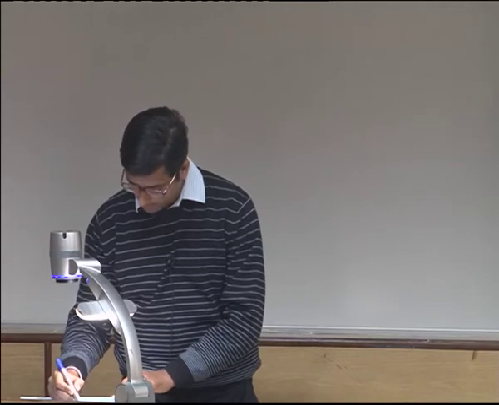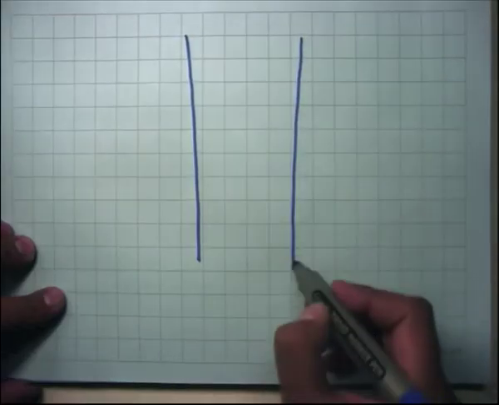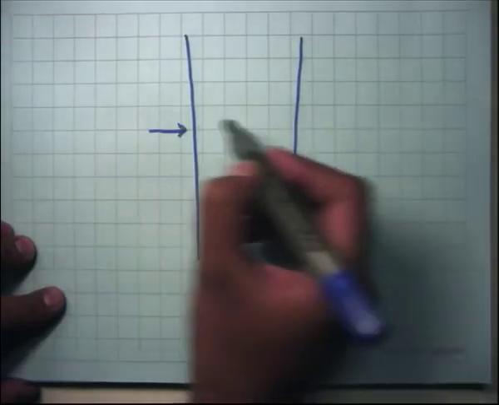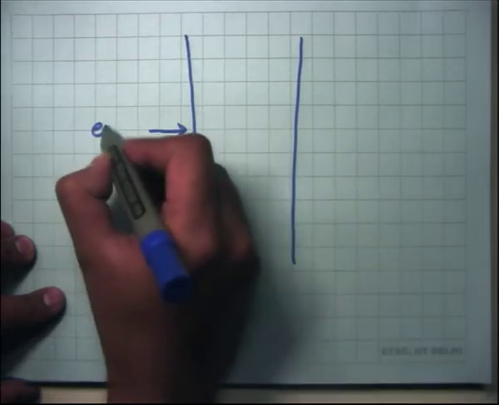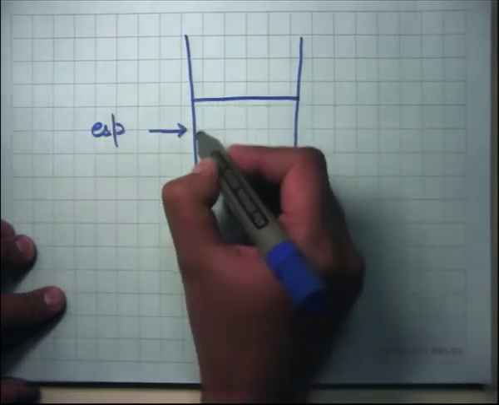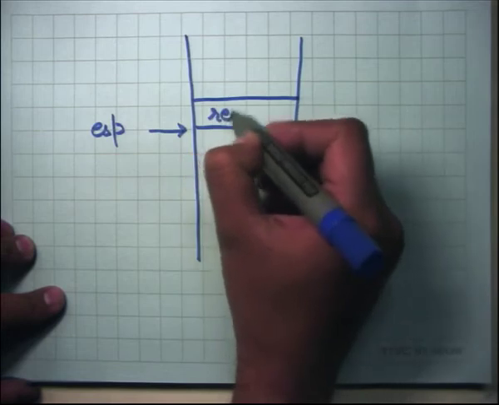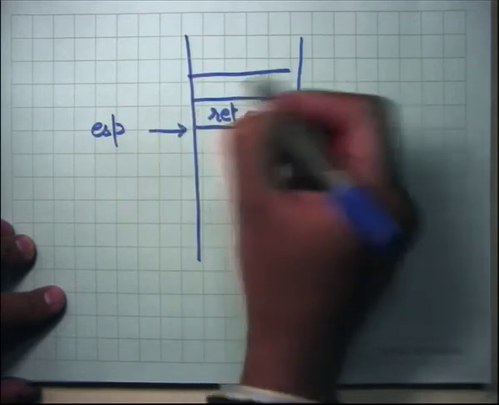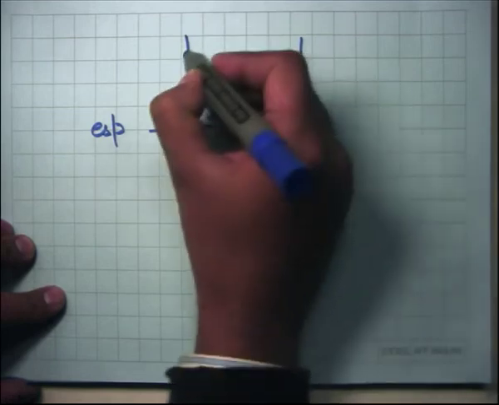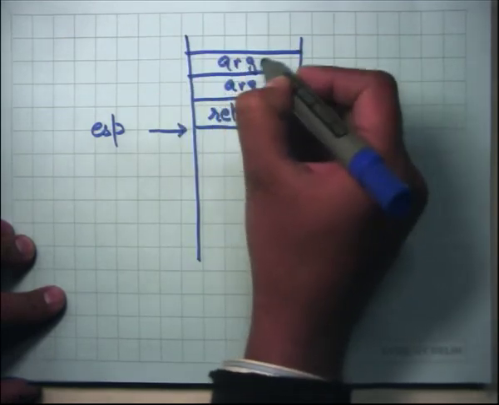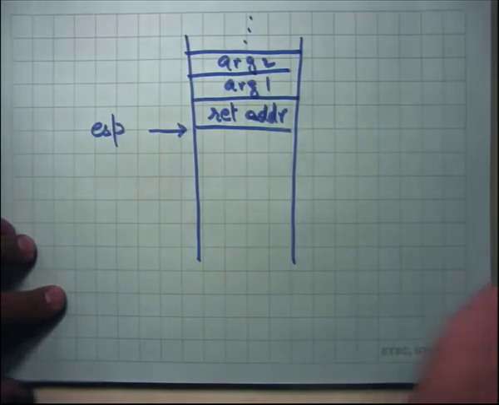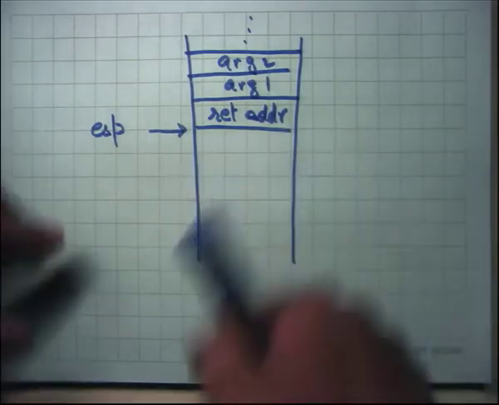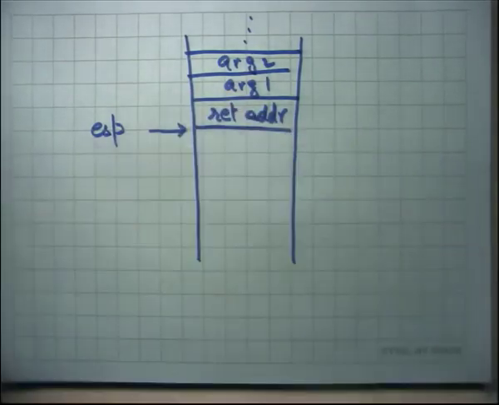Finally, on a function call, at the entry of a function, the stack looks something like this. This is the return address. This is argument 1, this is argument 2, and so on. And the function now gets to execute.